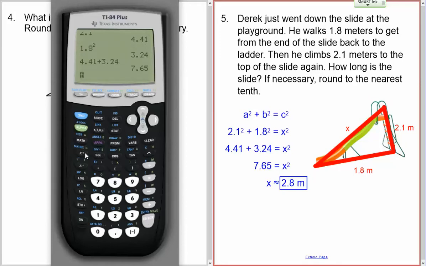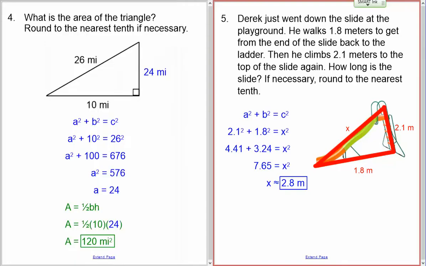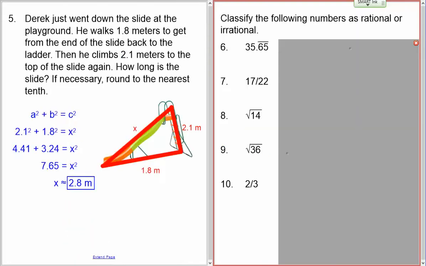Then you take the square root of 7.65, and you get the length of the slide, about 2.8 meters. A nice little shortcut, but you can't really use this until you really get the Pythagorean theorem, is to take the square root of the leg squared plus the other leg squared. There it is, same answer. All right, moving on to the next part here.